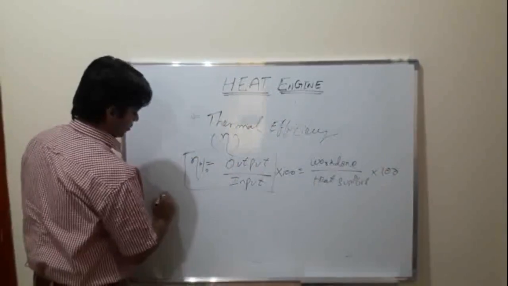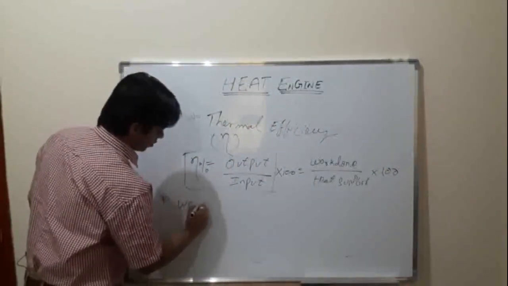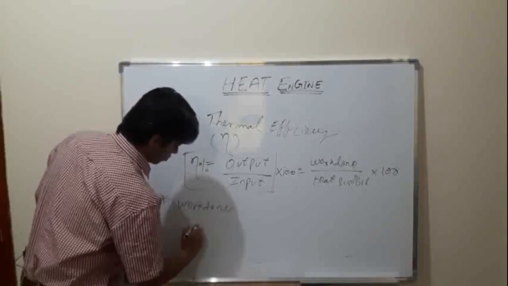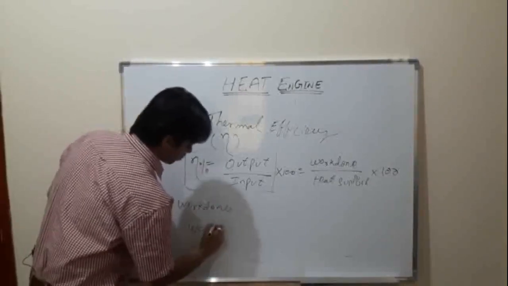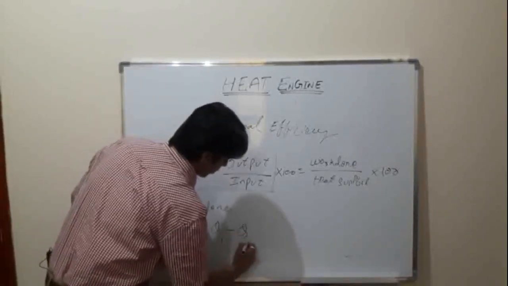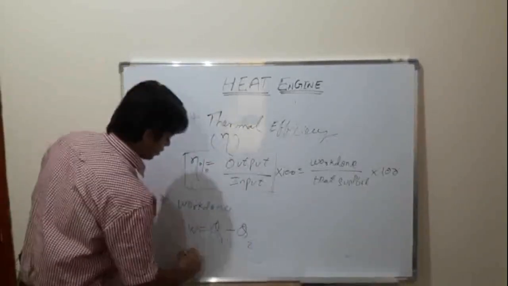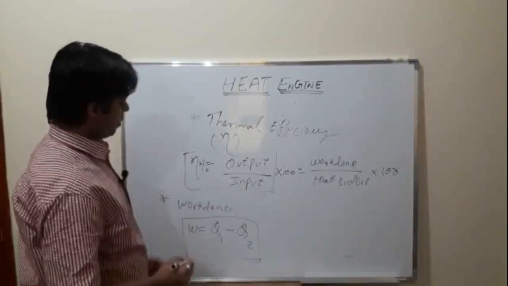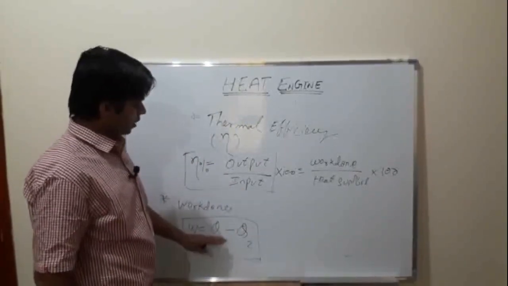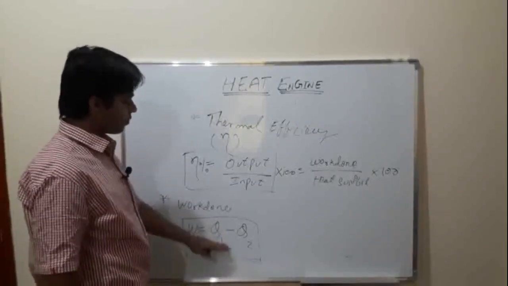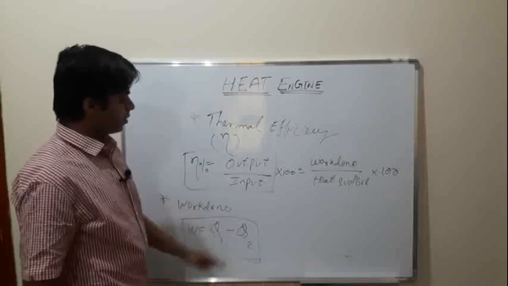The second is work done: W equals heat supplied Q1 minus heat rejected Q2. By this you can find the work done, or if in the exam you are asked to calculate the heat supplied Q1, by using this formula you can also find all the remaining parameters.